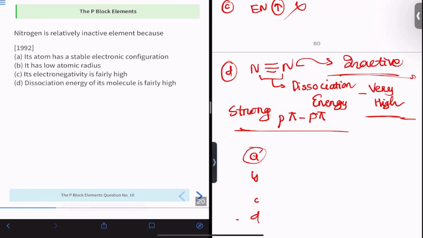You might think option A is correct, but the most appropriate one was option D. That is why I always ask you, please go through all the options, then think which one is the most appropriate, then go for the answer.